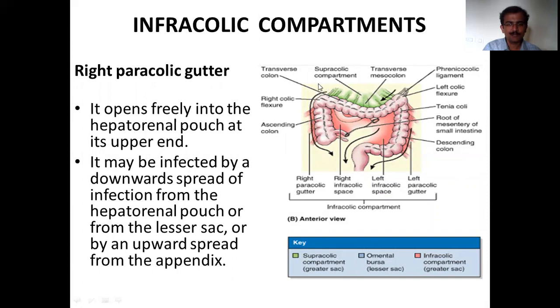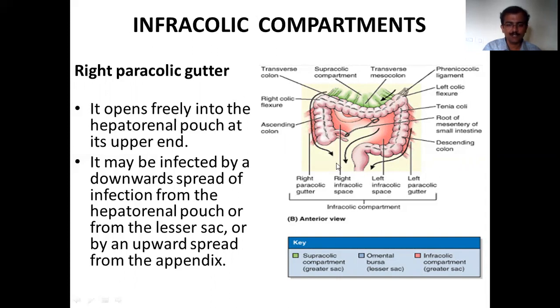So the infection from the hepatorenal pouch can go up to the pelvic cavity while passing through this right paracolic gutter. You can see the arrow mark here. That is the spread of the infection from above downwards in the standing position.